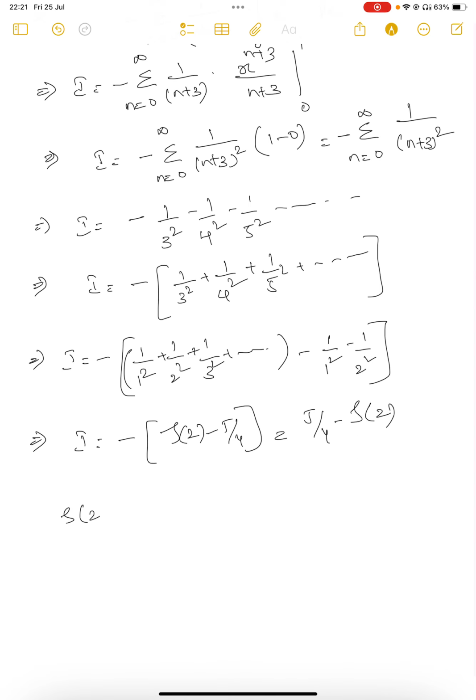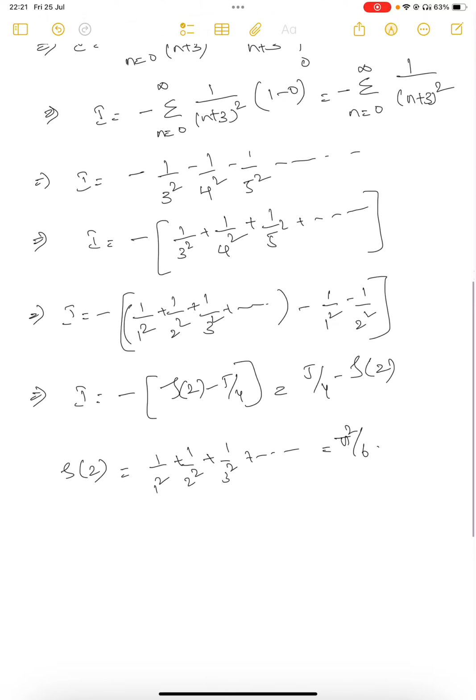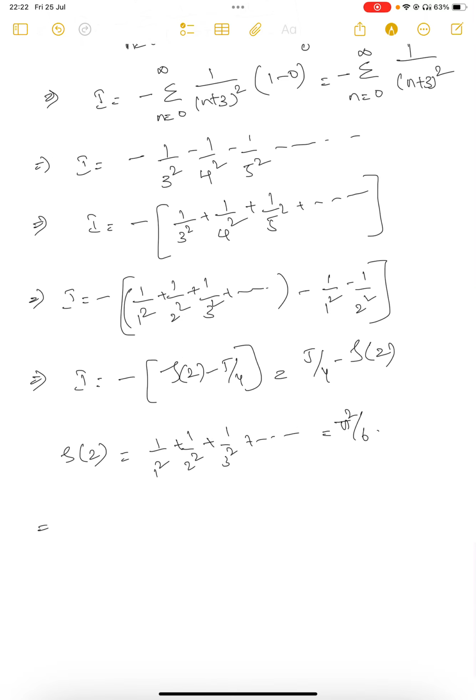As we know that Riemann zeta function of 2 equal to 1 by 1 square plus 1 by 2 square plus 1 by 3 square plus and so on equal to pi square by 6, which I derived in my previous videos. You can see once.